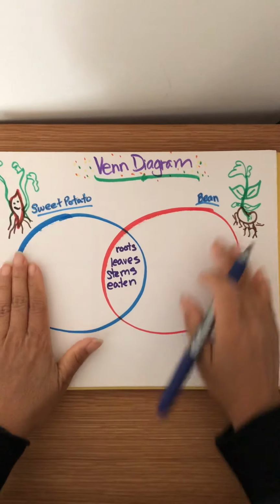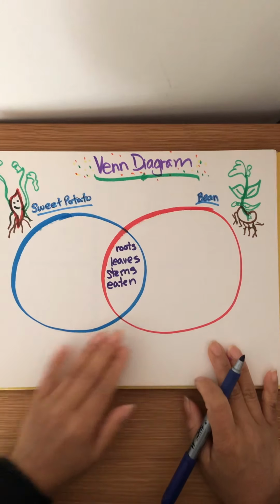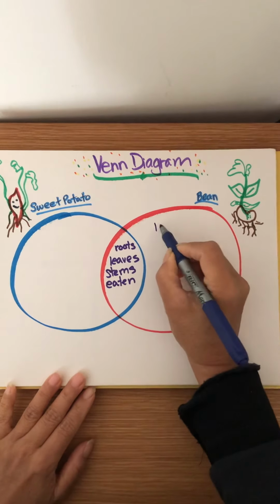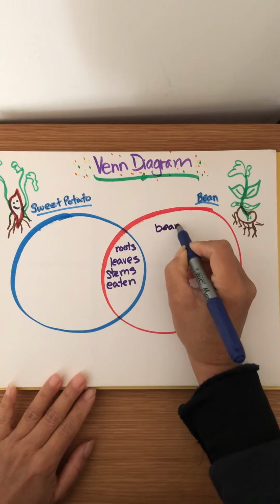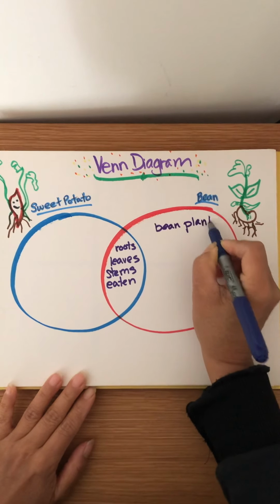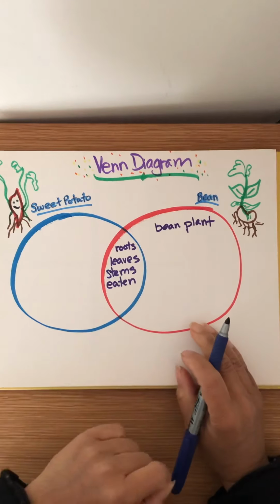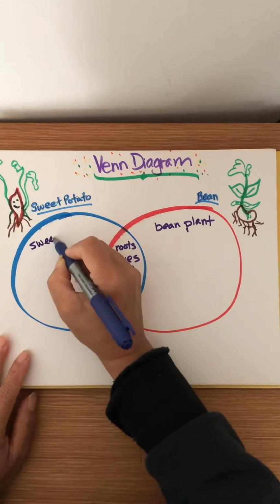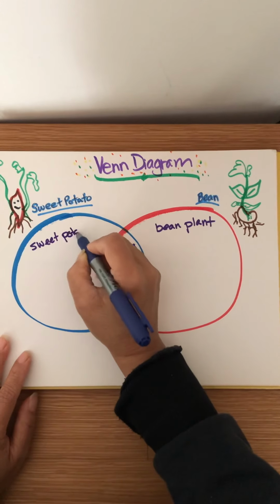Now let's look at what is different about them. Well, this is a bean plant, so I'm going to write the word bean plant. That is different. And what kind of plant is this? Well, this is a sweet potato plant, right? Eventually, it's a sweet potato plant.